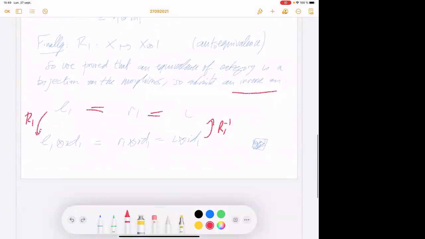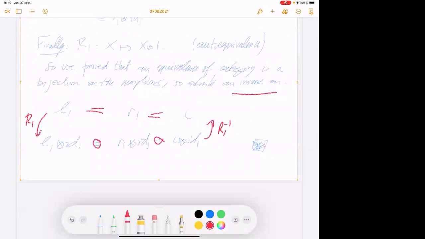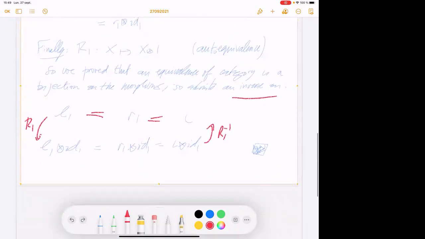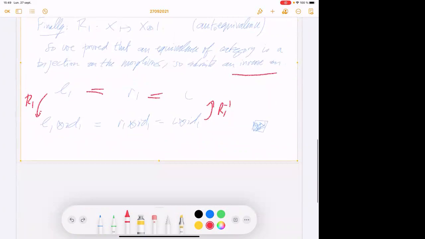We get this equal this. And finally, we applied the fact that R1 is an equivalence of category, so a bijection on the morphism. So we can apply the inverse here, and we get what we want.